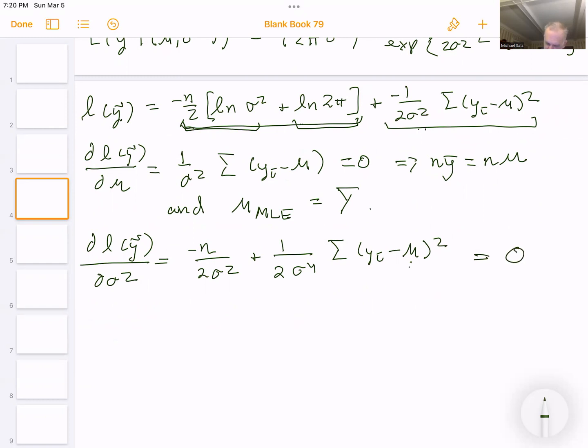And we can cancel a few things. So I have, if and only if, let's do the substitution too. So what do we get? The 2's go away, and we should get, I cross multiply, so I get sigma squared equals 1 over n sum of yi minus y bar squared, substituting our solution above, mu equals y bar.